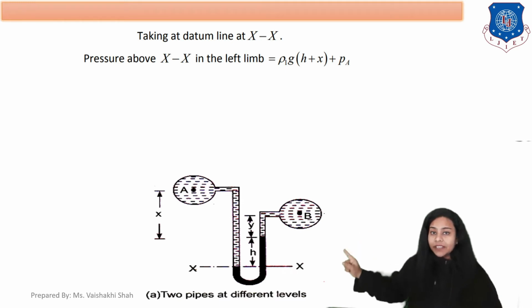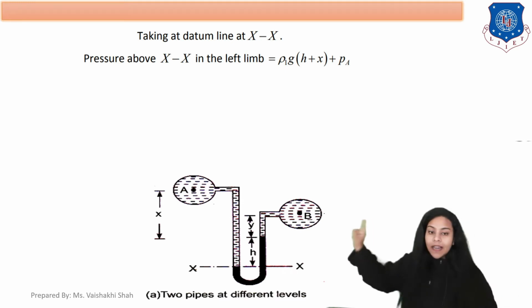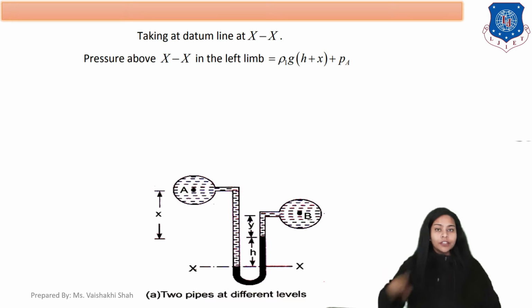Remember, pressure above XX in the left limb. First, the pressure at the center of the pipe, that is PA.